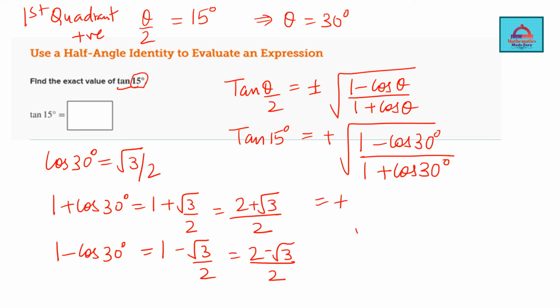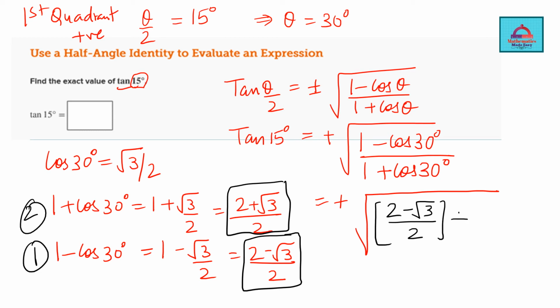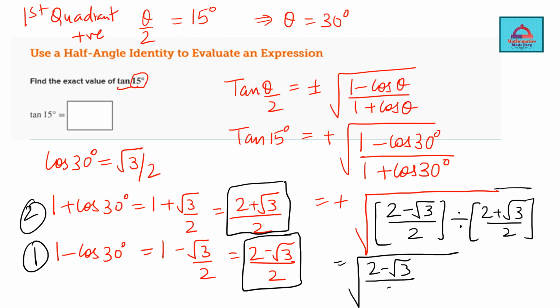Now we need to divide them both inside the radical. So on the numerator comes this, on the denominator comes this. So 2 minus root 3 by 2, this is divided by 2 plus root 3 by 2. Now division you can easily change to multiplication by flipping the second term.